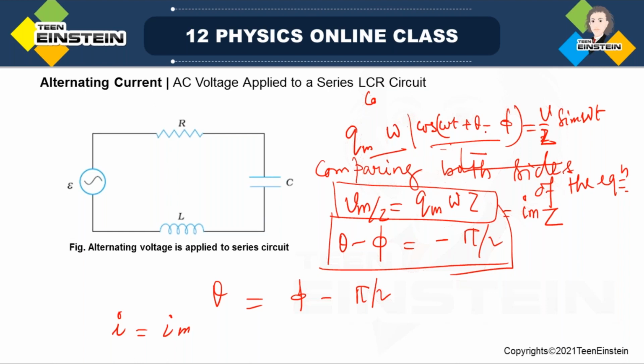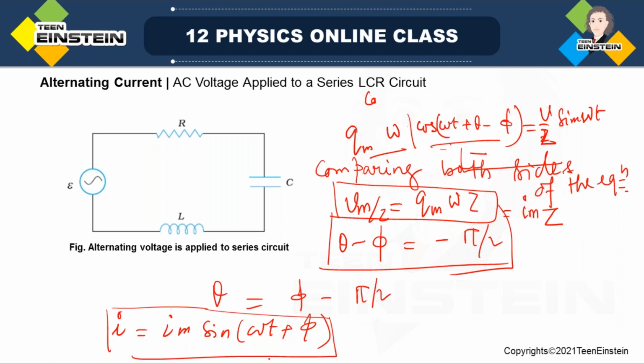And I'll be writing theta as phi minus pi by 2. So you will get sine of (omega t plus phi). This is the current which we had to find out.